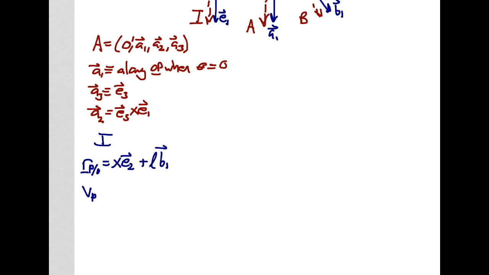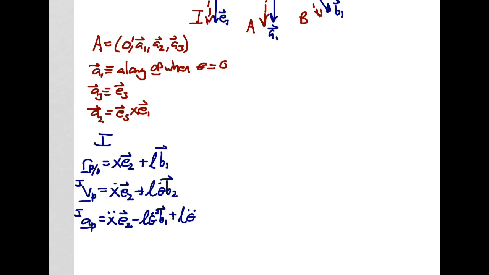And then when we find our velocity of point P as observed in the inertial reference frame, we get simply x dot E2 plus L theta dot B2. And then our acceleration as observed in the inertial reference frame of point P is x double dot E2 minus L theta dot squared B1 plus L theta double dot B2.